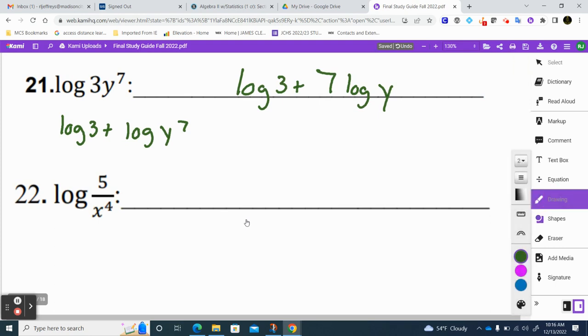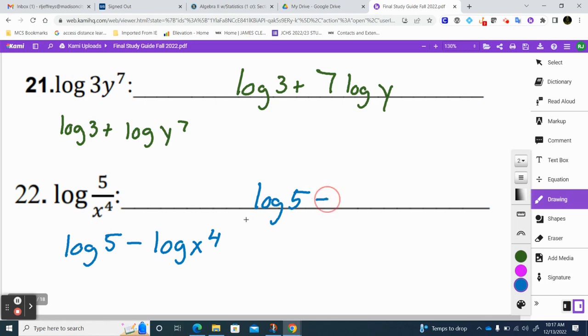So this is division, so this means subtract. Log 5 minus log x to the 4th. Well, this becomes log 5 minus 4 log x.